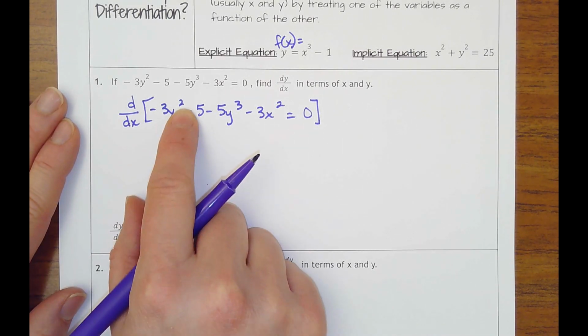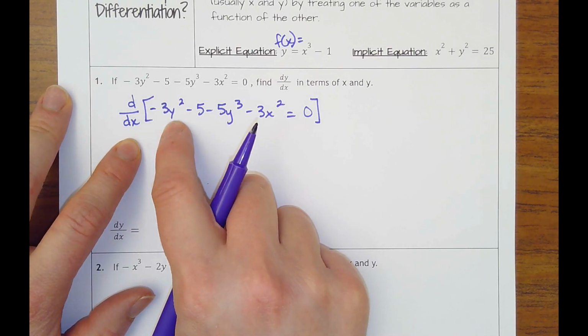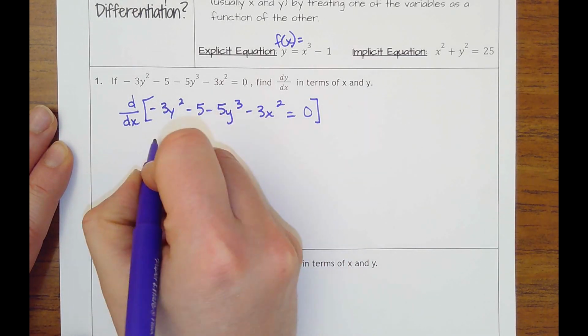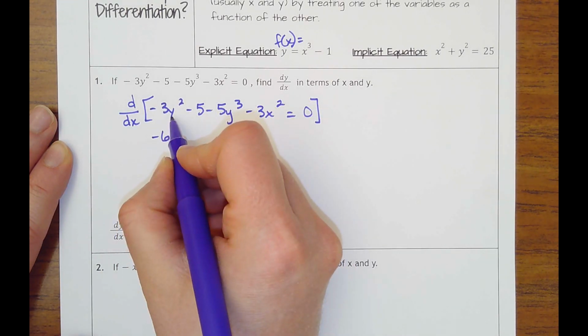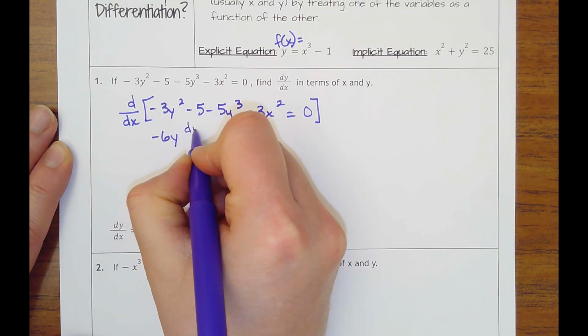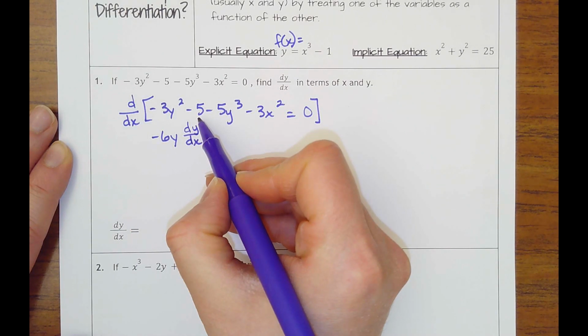So for negative 3y squared, notice how we're taking the derivative with respect to x. So this is not x, so this is when implicit differentiation takes place. So take the derivative like normal. Negative 3 times 2 would be negative 6y. And then since I'm taking the derivative of y, that would be dy over dx. Okay, and then the constant goes away.